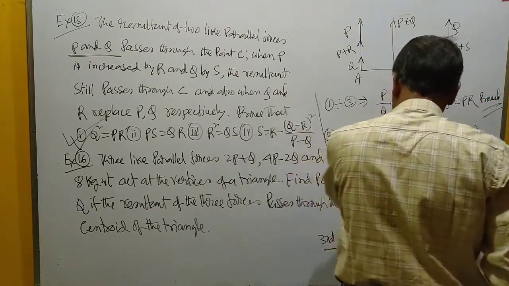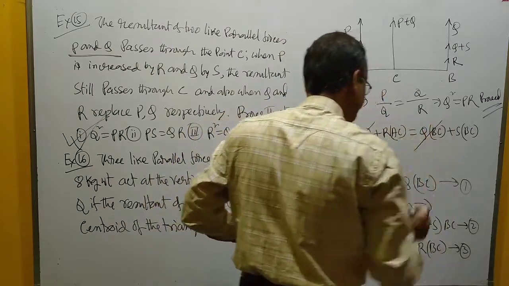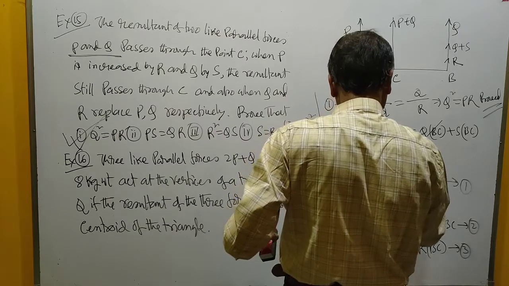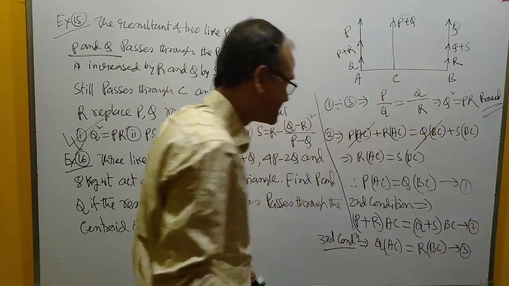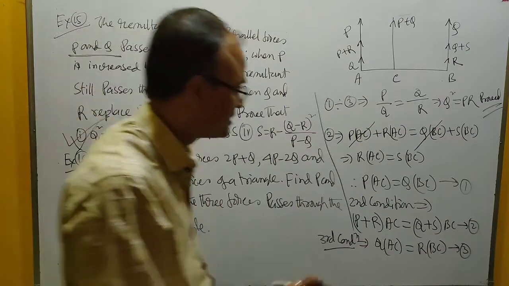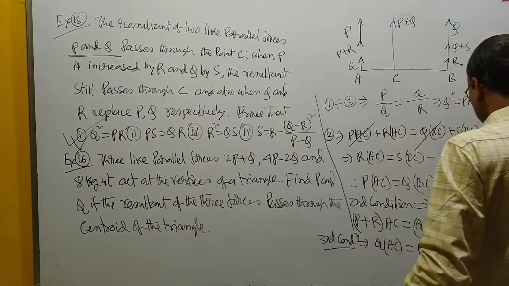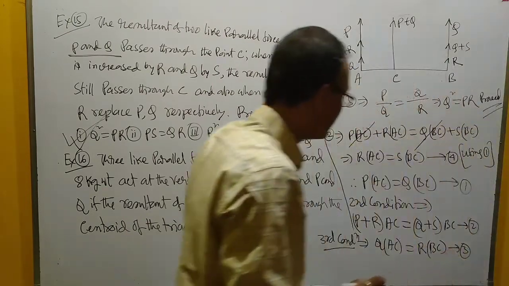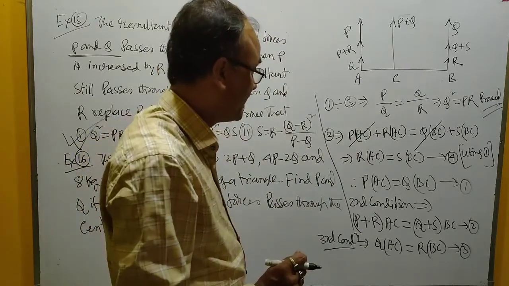Using 1, P into AC equals Q into BC, so we can say R into AC equals S into BC. Suppose this is number 4. We have used number 1.